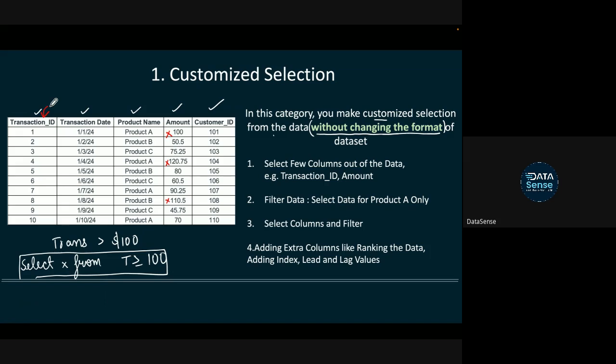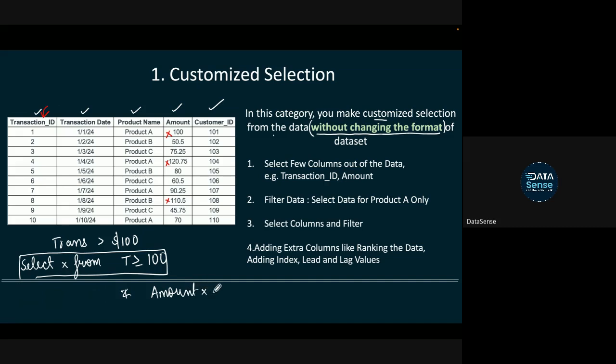Now suppose I ask you another question: create a variable of cumulative transaction, or let's say create a variable, transaction, where you tell the discounted amount. So the formula for the discounted amount is, let's say, transaction amount into 10%.